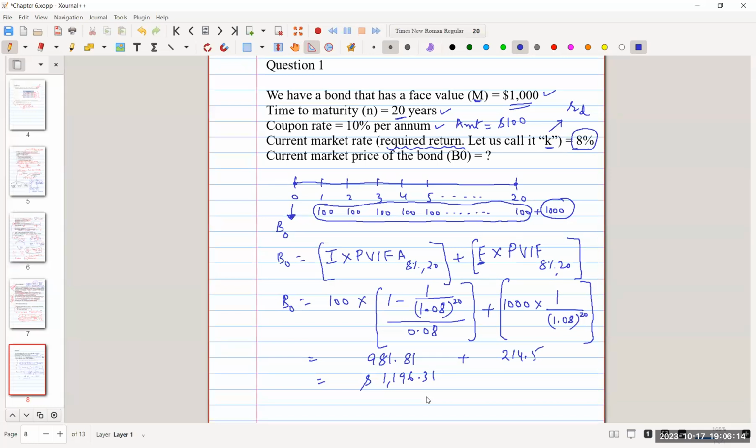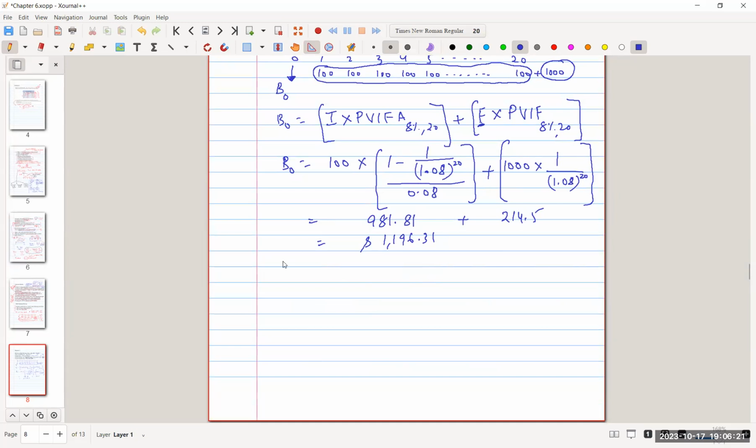If you want to do the same thing on the financial calculator, first of all, let's list the inputs, the financial calculator method. We will provide these inputs to the calculator and quickly get the result. What do we know? We know that after 20 years, a future point in time, we will get this money.